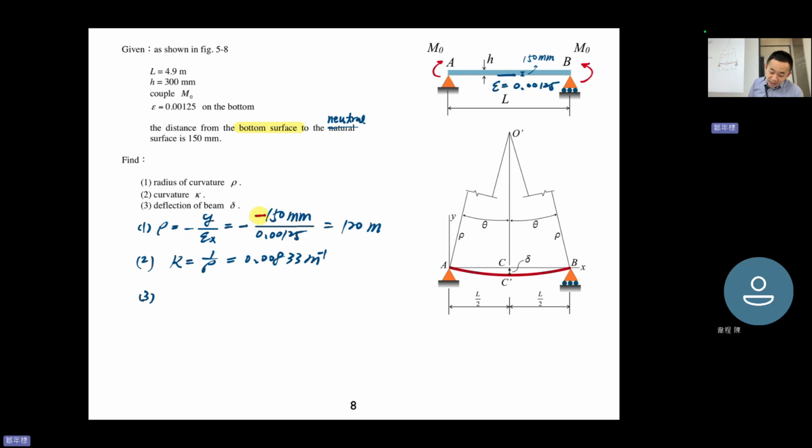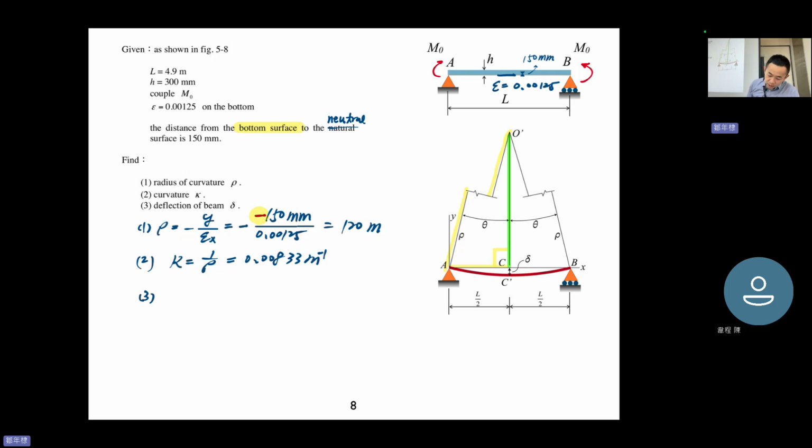All right, so next, what is the deflection of the beam? The deflection of the beam will be this one, right? So we need to use this shape, this triangle, which is a 90-degree triangle, and you know that O1 to the original length.